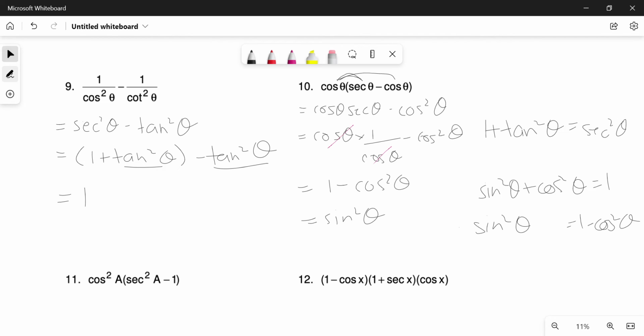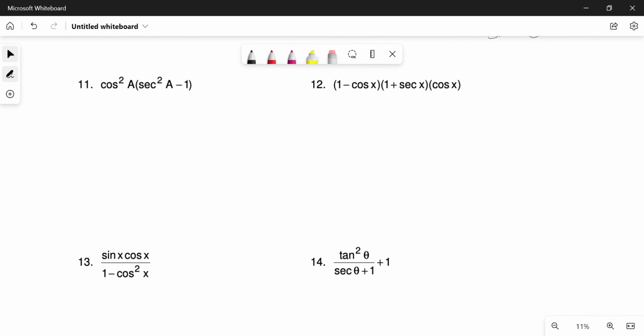Okay, looking at number 11, we want to do the same thing here. So again, so many different ways to do it. You could, if you want, change sec squared minus 1 and put it in terms of tan squared and then in terms of sine on cos. Or we could just use the reciprocal nature of it and say, let's just times it out first.